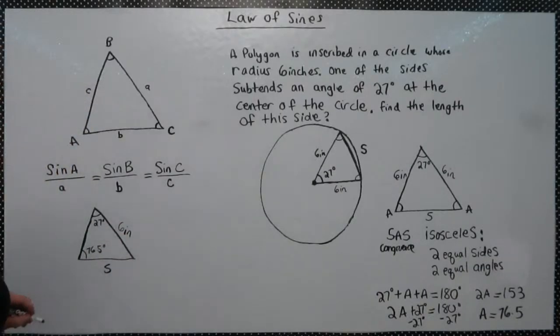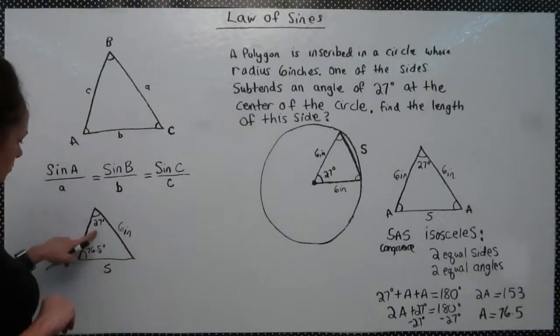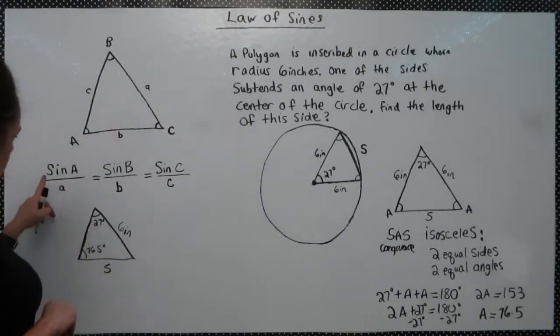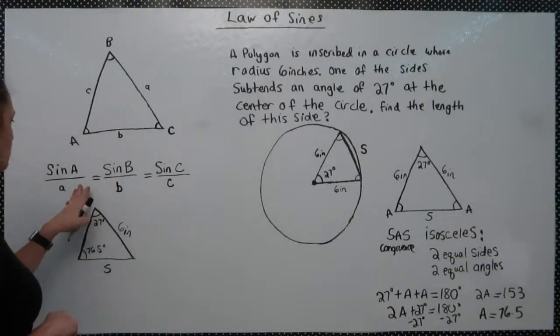All right, so let me show you how law of sines works. So what you're going to do is you're going to say, let's start with the angle that's known. And I'll call that A. And it really doesn't matter as long as you stay consistent which one you label.